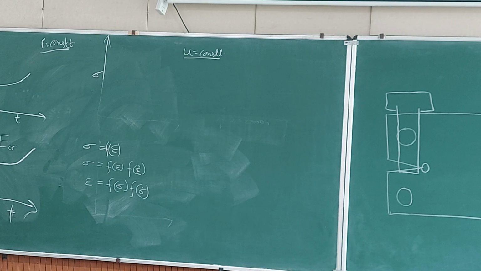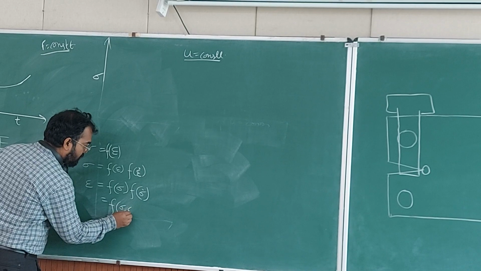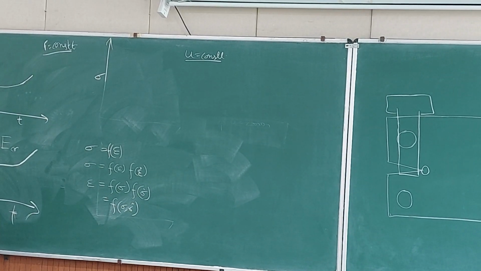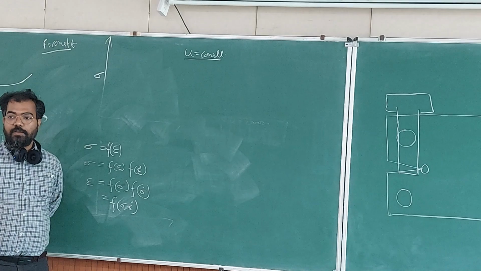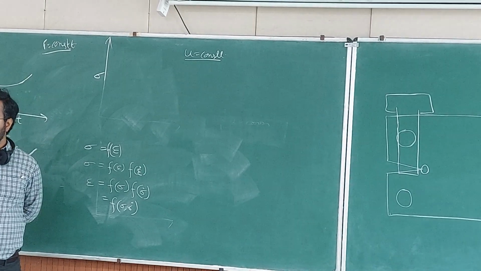Whether they are separable variables or not, that's a different question. So I may have to write it like this. Okay, so in this case, it is not following what is required for a path independent line integral.